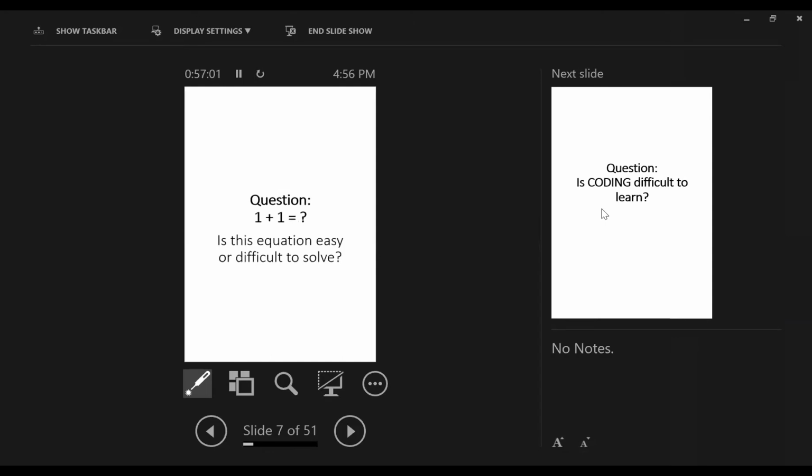But I will say that is not the correct answer. The question is, is this equation easy or difficult to solve? My answer would be that it depends on whom you are asking.